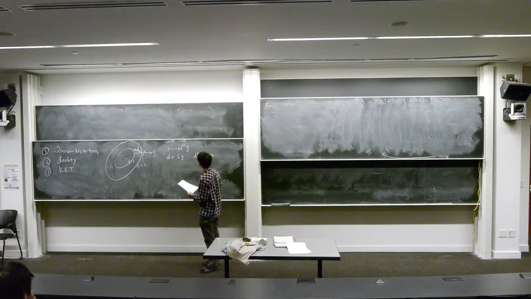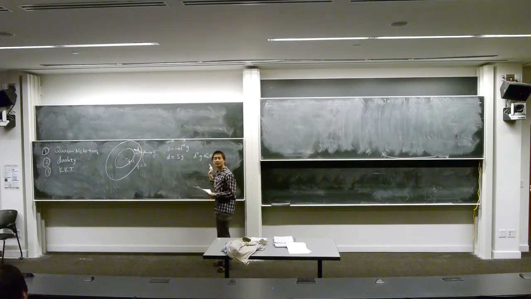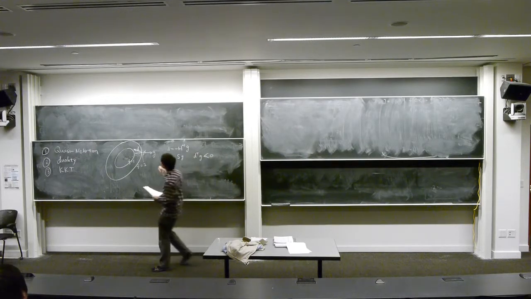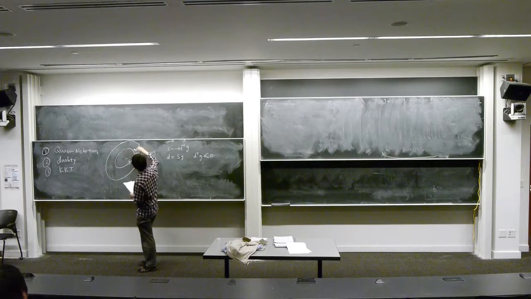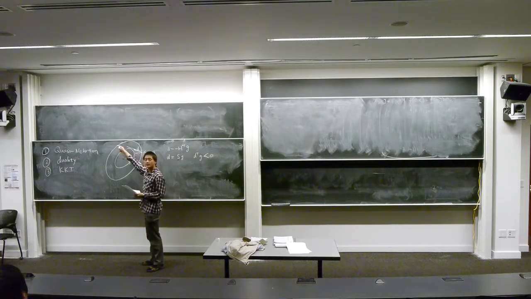What could guarantee this is if your S is a positive definite matrix, then this will be guaranteed. And how long do you want to walk? You want to walk so that the function along this line is minimized.